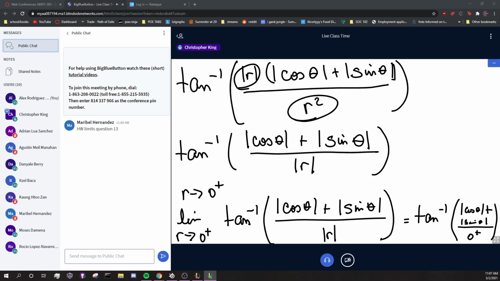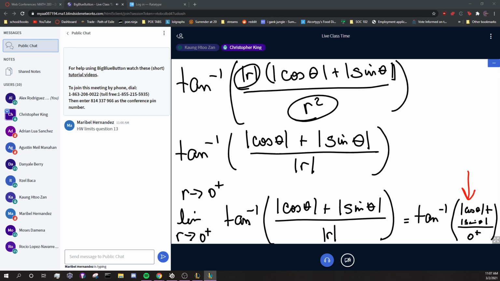Okay, so my question to you is, what is happening to this expression? What is that expression going toward? Indeterminate form, no?